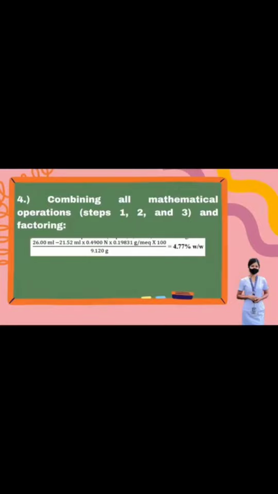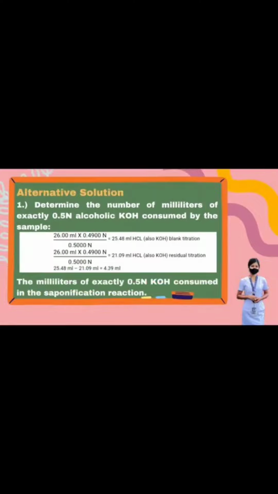So, from here, the percentage we get is the same as in steps 1, 2, and 3. So, it's up to you which formula you choose, the long method or the shorter one. But then, we also have an alternative solution.